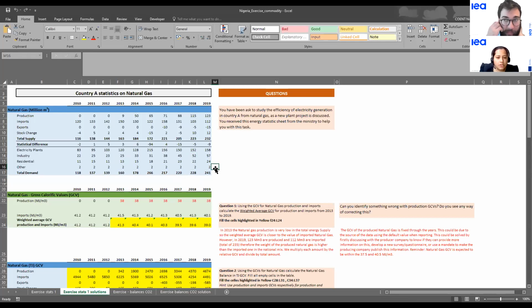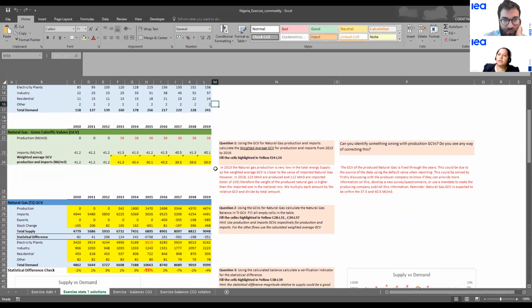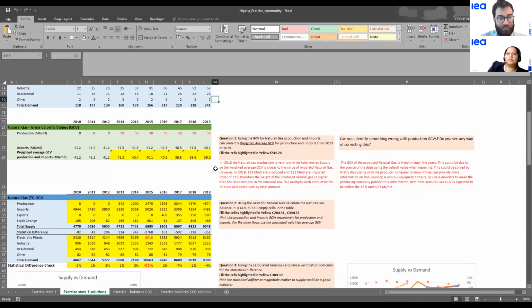And the first question was, using the gross calorific value for natural gas production and imports, calculate the weighted average gross calorific value for production and imports from 2013 to 2019.